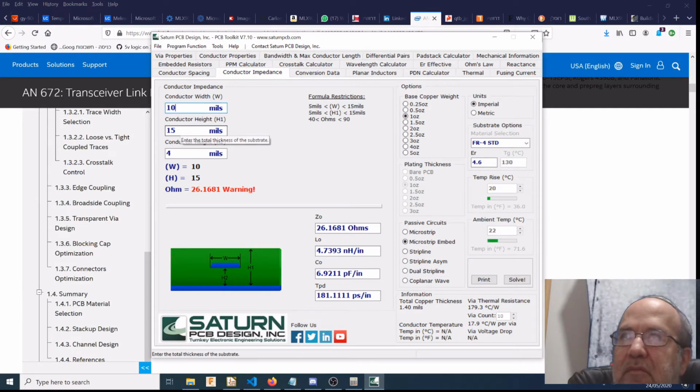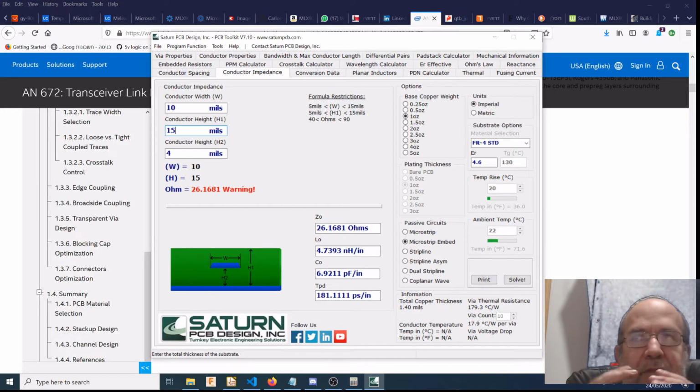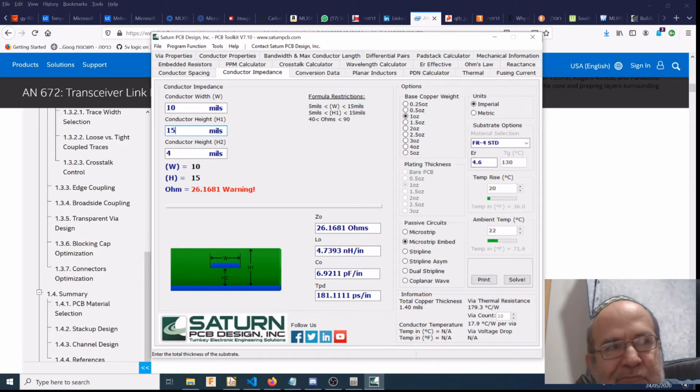One can see that even if I change the width of the connector, I'm still at 181 picoseconds per inch.